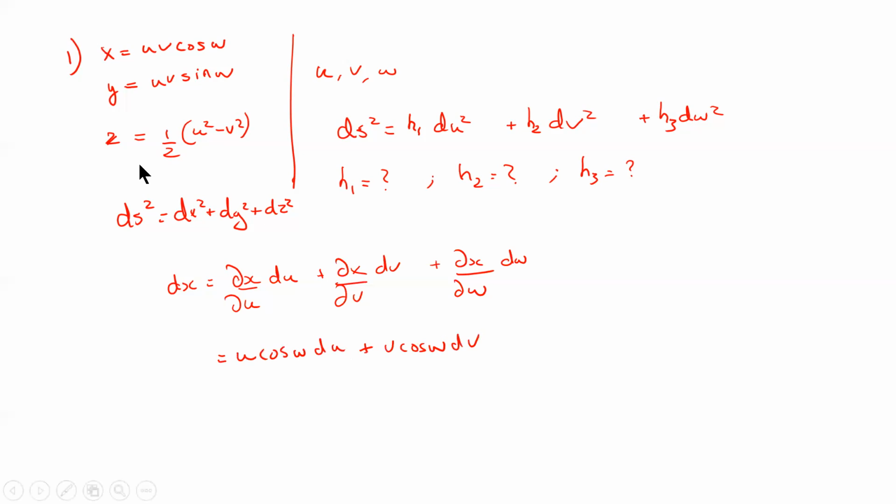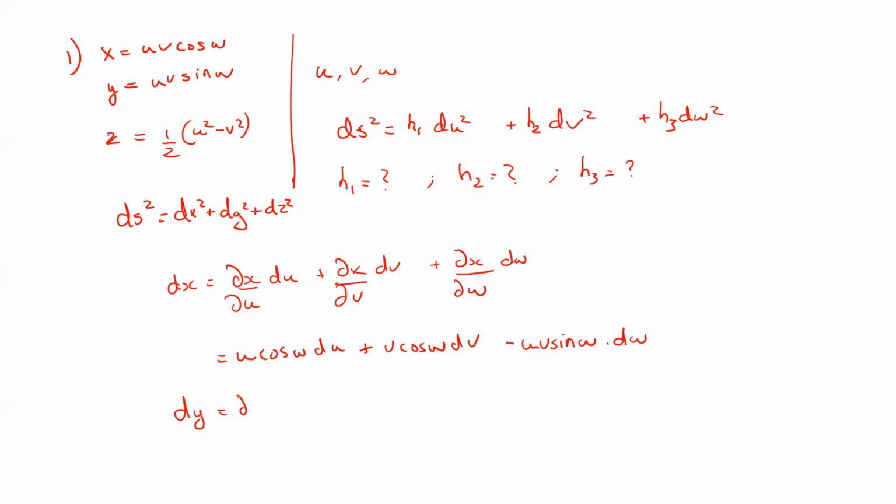Then the differentiation partially with respect to w is nothing but minus uv sin w. Likewise we found out dx.